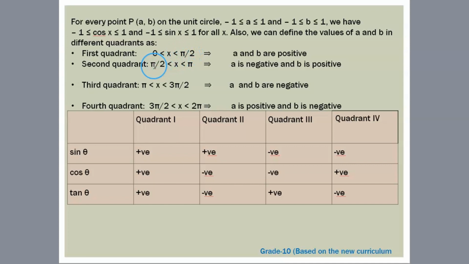In the second quadrant the angle measure is between 90 degrees, or pi over 2, and pi, or 180 degrees. In the third quadrant the angle measure is between 180 degrees and 270 degrees, or 3 pi over 2. In the fourth quadrant the angle measure is between 270 degrees and 360 degrees.